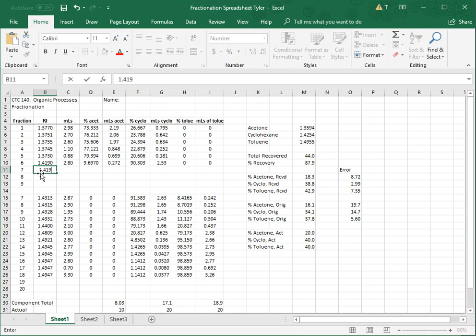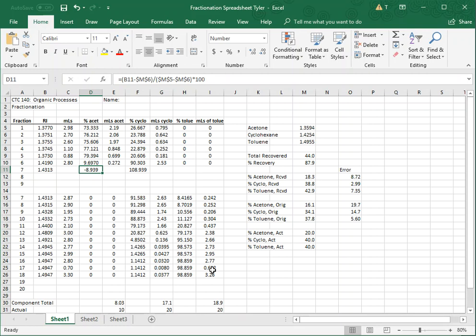4.190, okay? So if I do that, well, sorry, let me change that. That was vial number 6. Vial number 7, 1.4313, right? That was the refractive index that we used down here. So if I plug that 1.4313 into the general equation for acetone and cyclohexane, and I hit enter, what you're going to see is a negative percentage for acetone when you do your calculations.